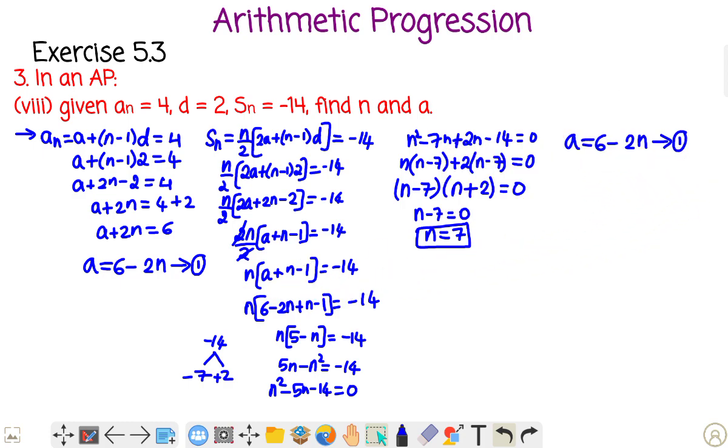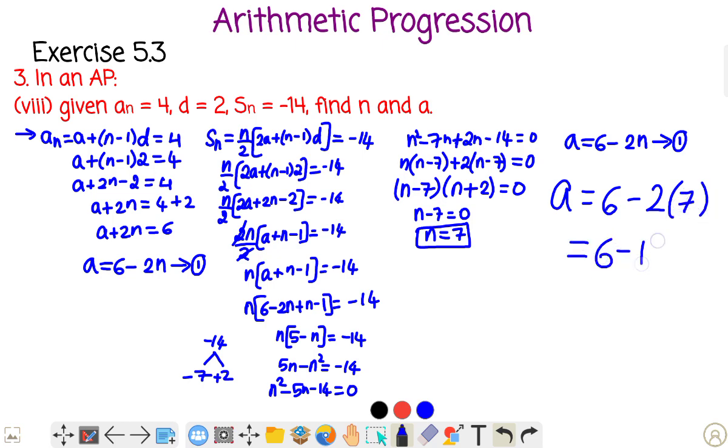Okay, so in this, a is equal to 6 minus 2 into n value, which is 7. So 6 minus 14, so a is equal to minus 8.